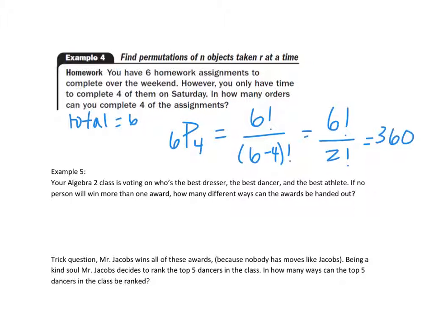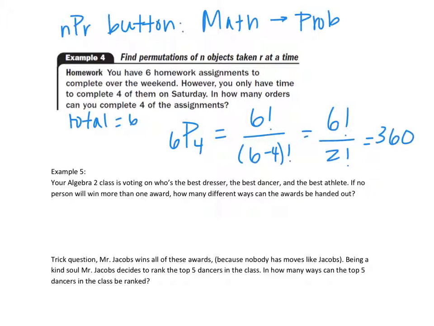But there is another way to do this. There is an NPR button on your calculator. So just like before, go to the math button, go over to probability, and then one of the options we see there should be NPR.